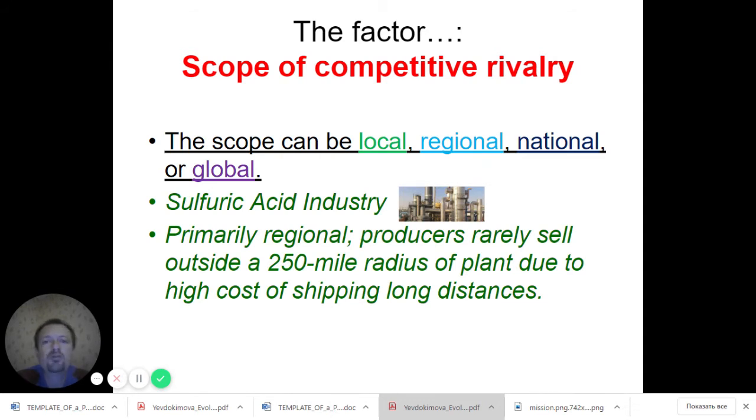National scope of competition means that you are competing within a country. As an example, we could take the market of educational services.